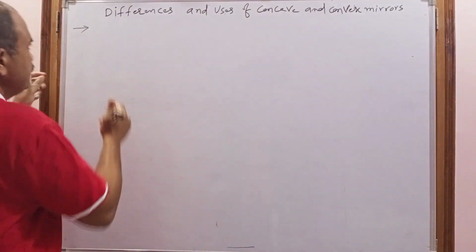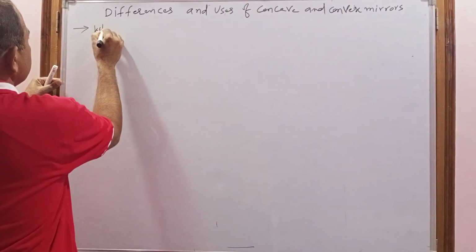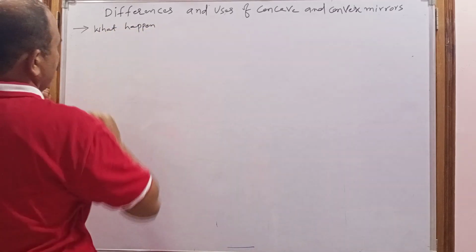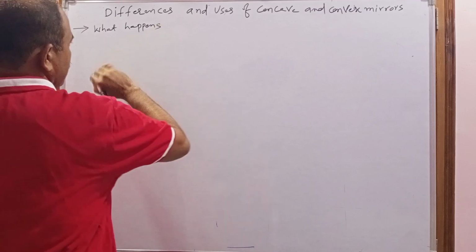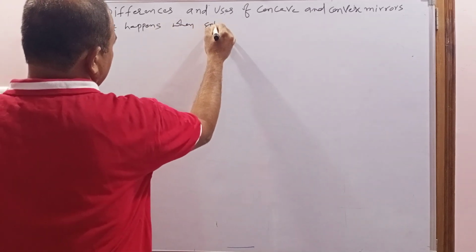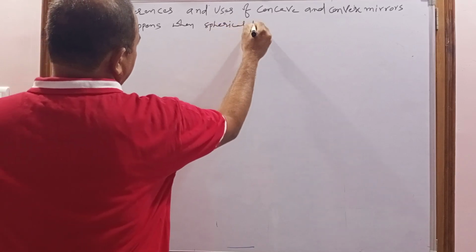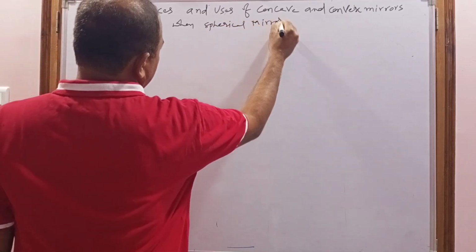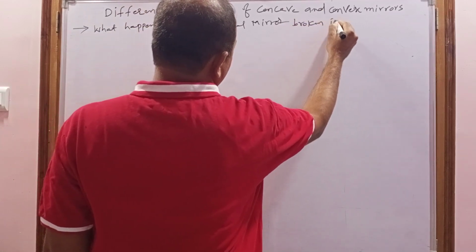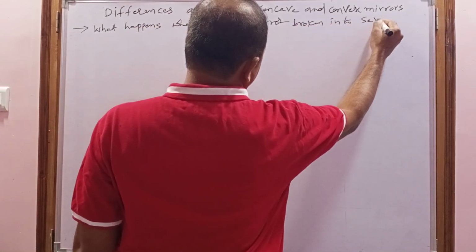So the first question is, what happens when a spherical mirror is broken into several pieces.